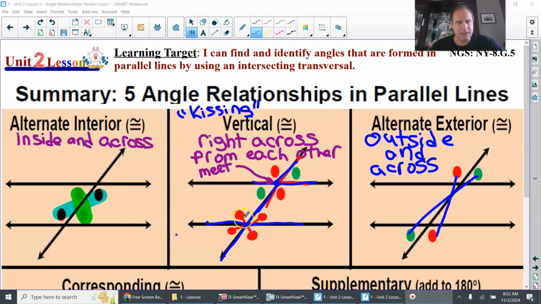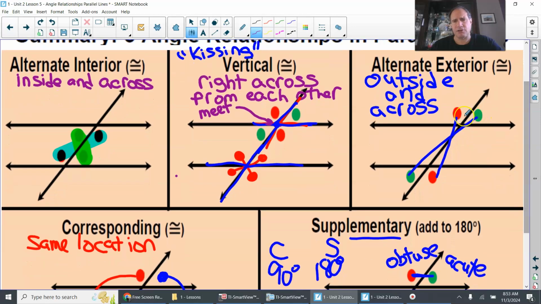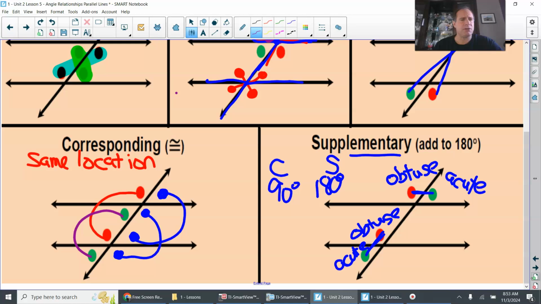The red dots down here, right across from each other, meeting in the middle, vertical angles. Alternate exterior are outside and across, right like that, the greens and the reds. Corresponding is the same location. All right, just remember, same location, the red dots linking up, the green, and then the 2 blues on this side.